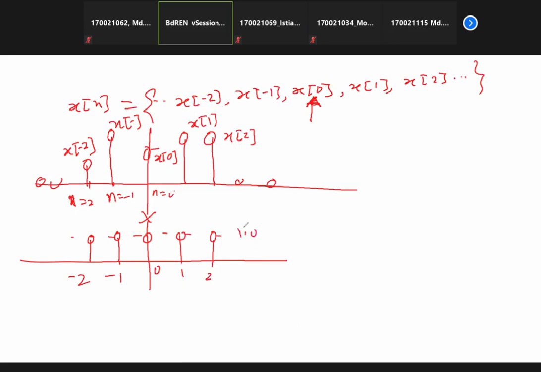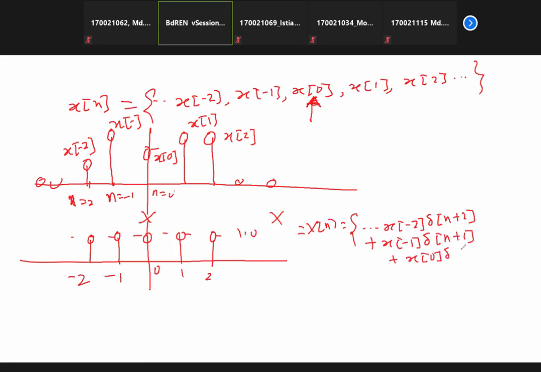So that multiplication can be expressed as the sequence x equal to x minus 2 delta n plus 2, plus x minus 1 delta n plus 1, plus x0 delta n, plus x1 delta n minus 1, plus x2 delta n minus 2.